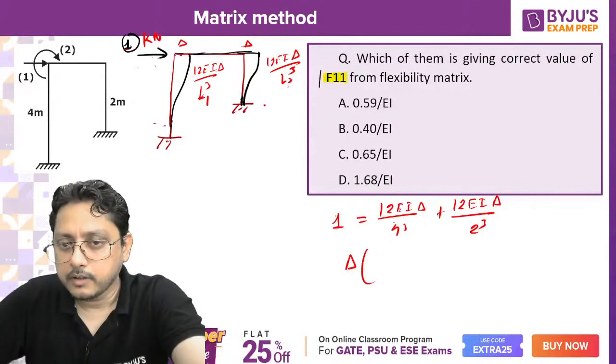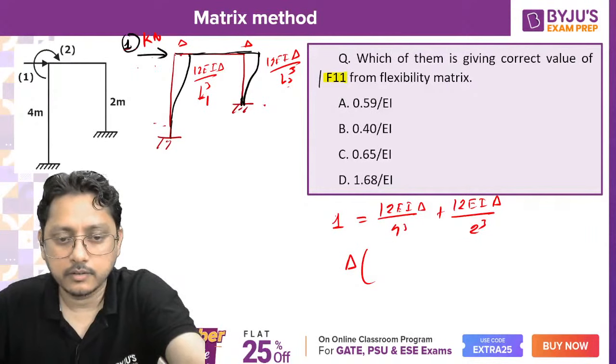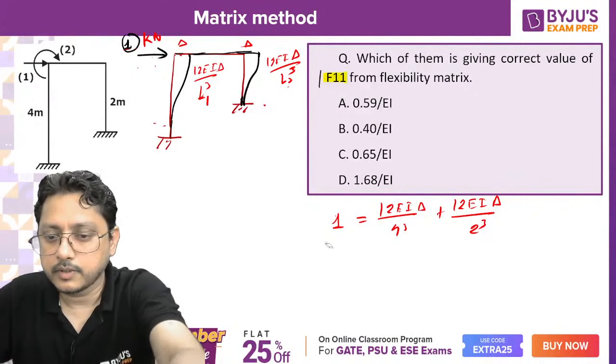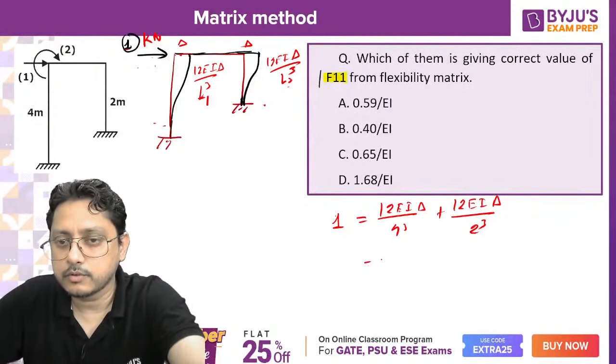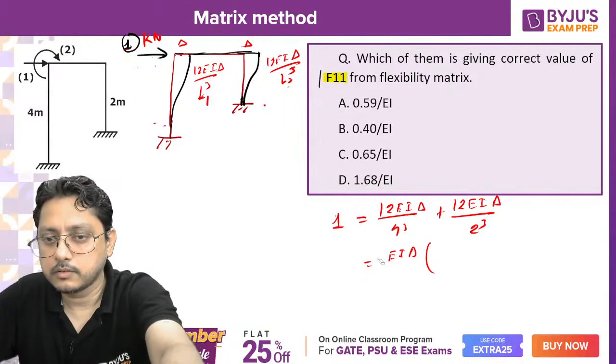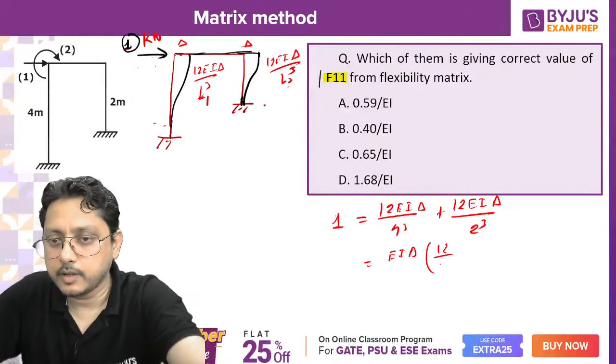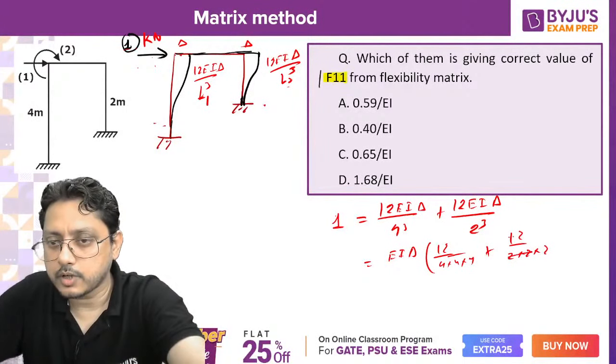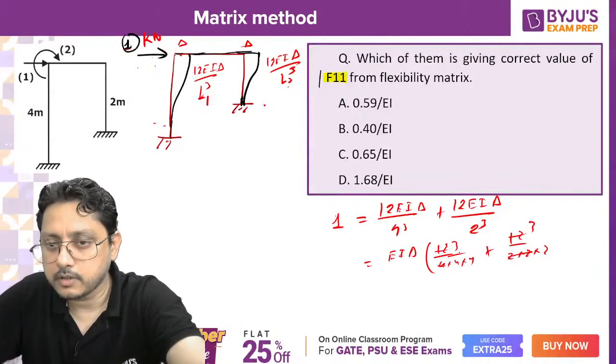If you take 12 EI delta common, then 1 equals 12 EI delta times 12 divided by 4 cubed plus 12 divided by 2 cubed, that is 3 by 2 and 3 by 12.